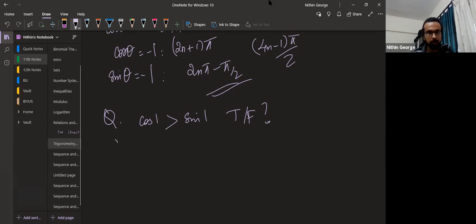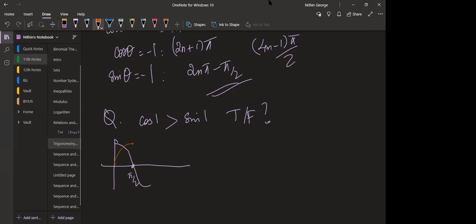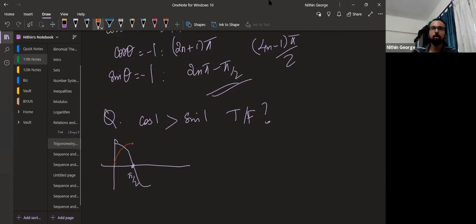Okay. Draw the graph now. Cos x. We'll just draw from 0 to pi by 2, that's good enough. Cos x is like this, and sin x will be like this. Now, what are they asking? Cos 1 greater than sin 1. Mark one point here also where they become equal.